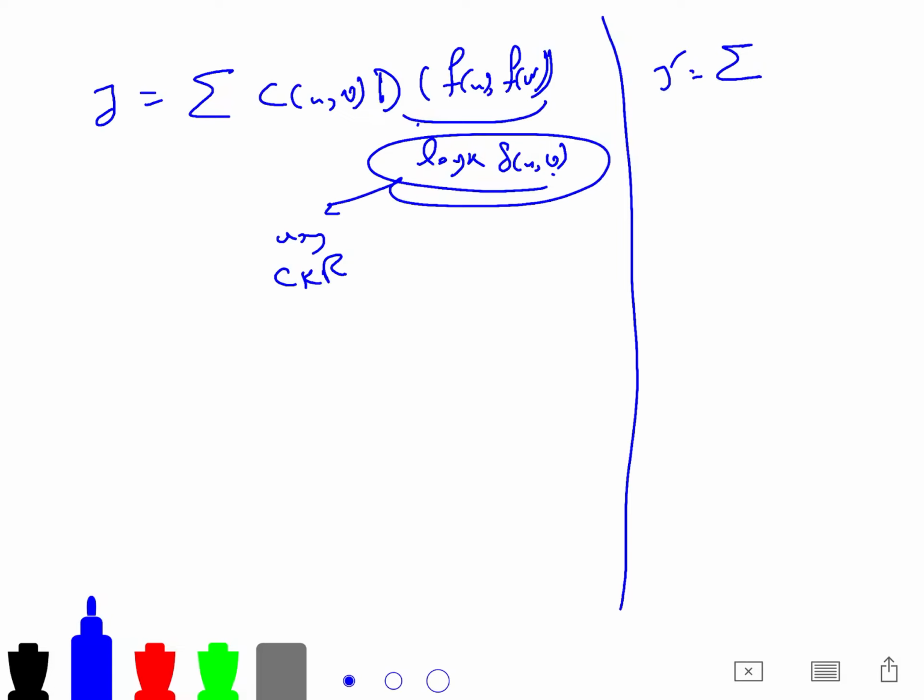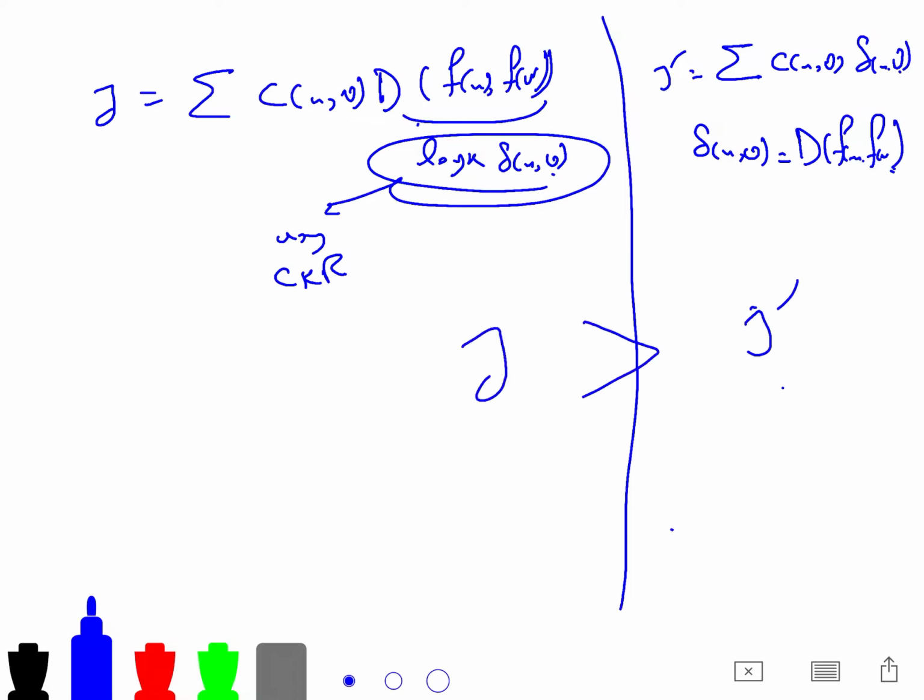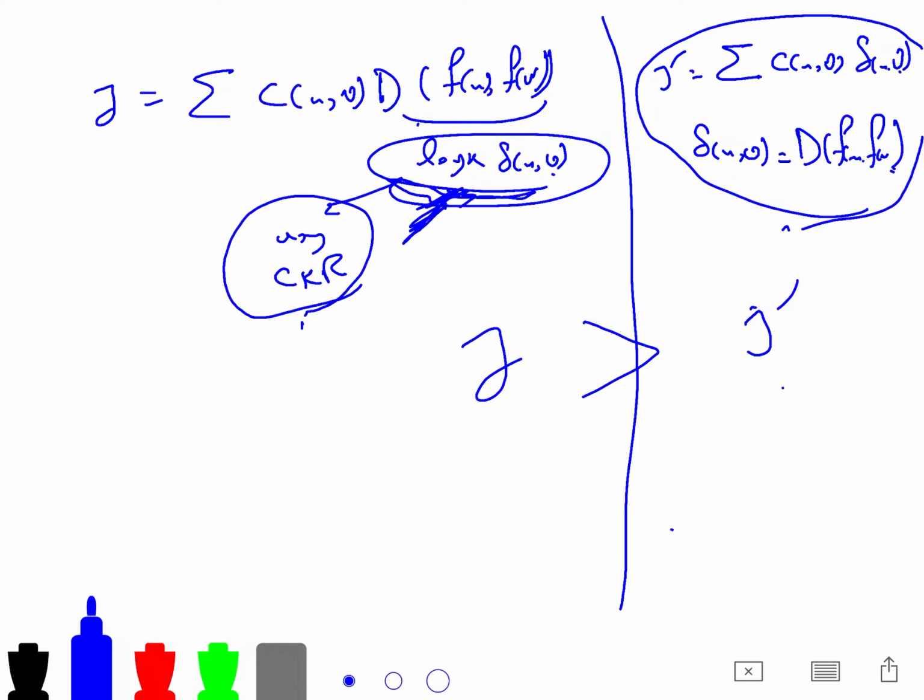And so instead of solving this, it induces a semi-metric such that U and V is D of F of U and F of V. And so J prime is greater than J. So this problem is a lower bound for J, and you get this approximation if you use the CKR algorithm. But you can improve that using the Talwar algorithm, which is a better CKR.